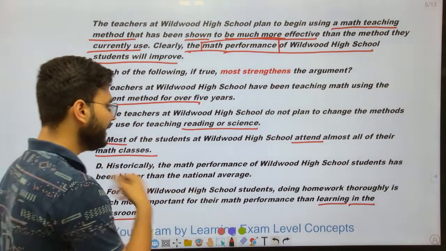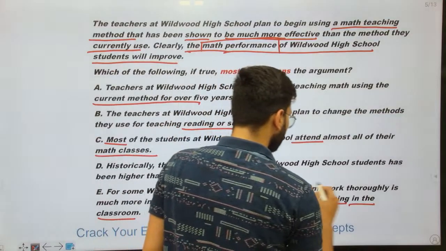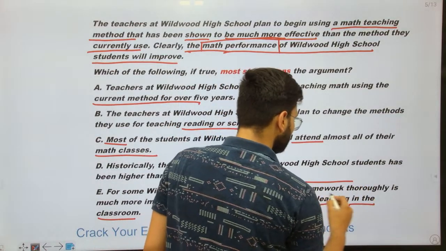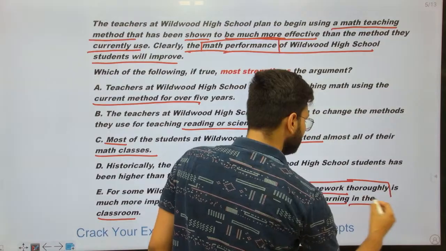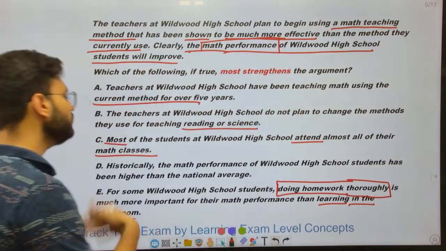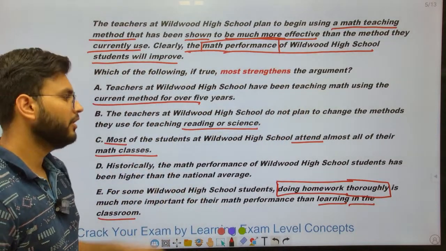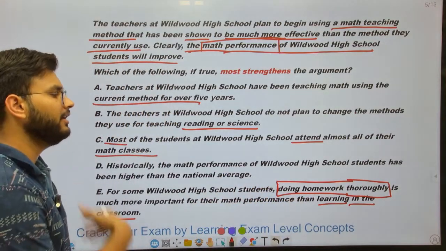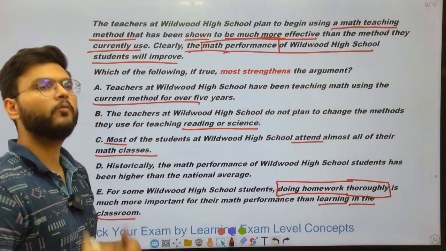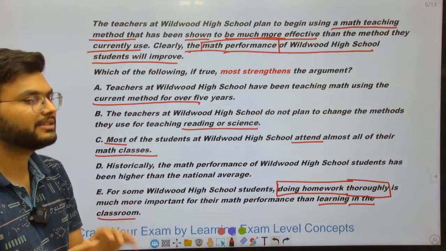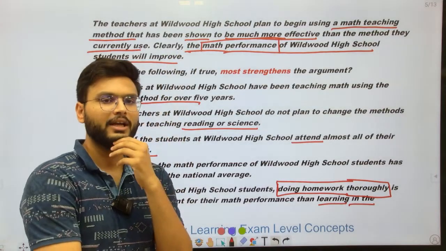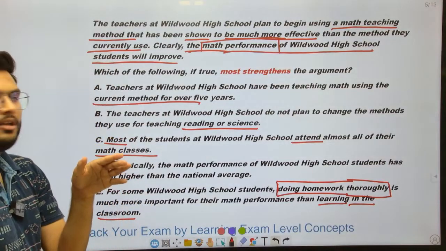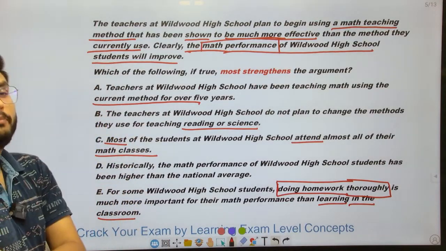It tells me that doing homework thoroughly is much more important. Now you have brought another factor which says that rather than learning in the classroom, doing homework is much more important. How can this idea support the argument that the new teaching method will be effective in improving the performance?